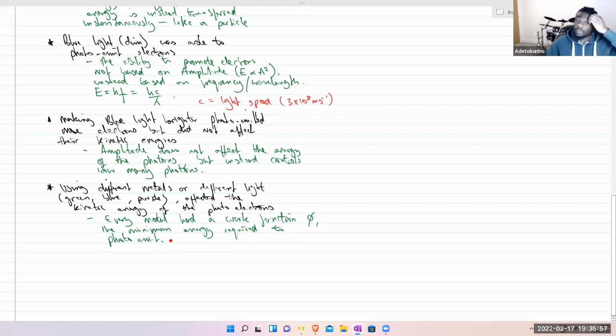Okay, so every metal has a work function, and this is the tax. This is basically the price the light has to pay in order to get that electron out of the metal. And then the energy that's left over is given as kinetic energy.